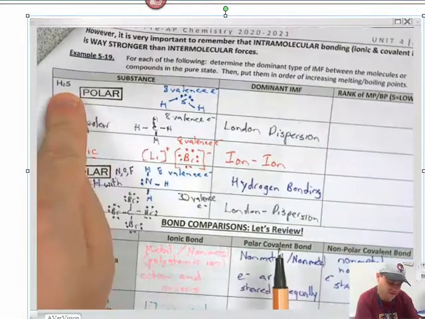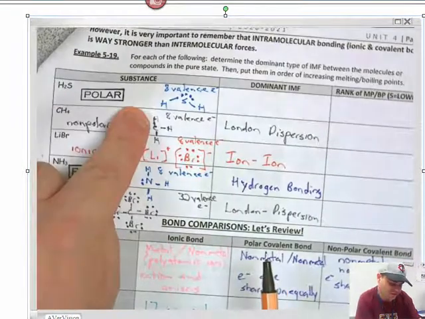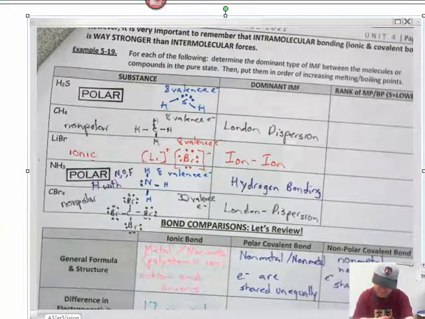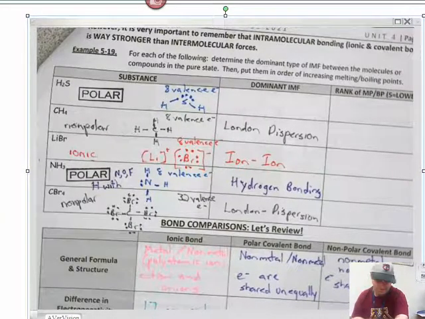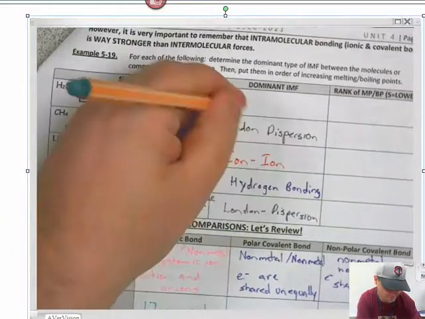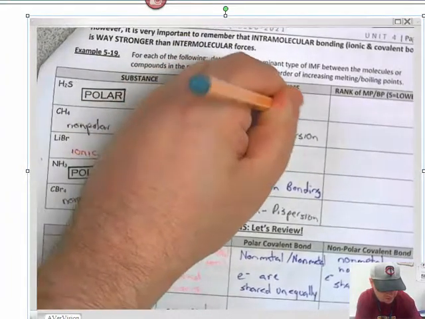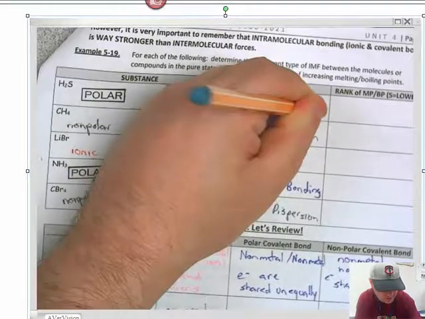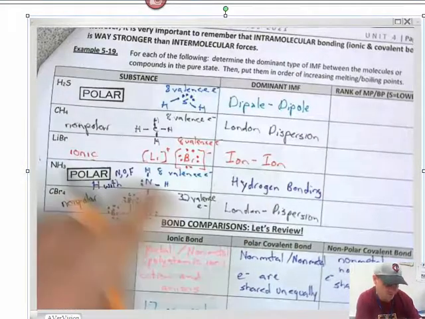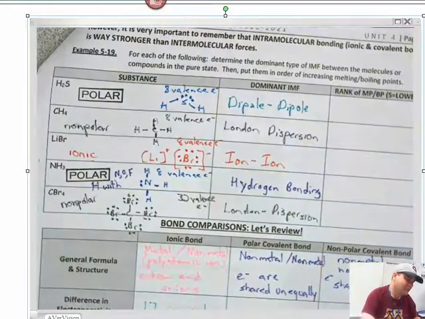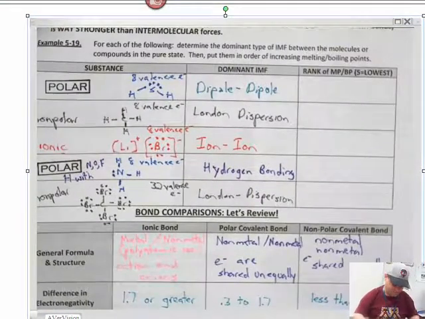Even though this has a hydrogen, there is no nitrogen, oxygen, or fluorine bonded to that one. So that one up there is dipole, dipole. Just because you have hydrogen doesn't mean it's hydrogen bonding. You have to have it bonded to an N, O, or F. This one also has a hydrogen, but it's not even polar. It's non-polar.